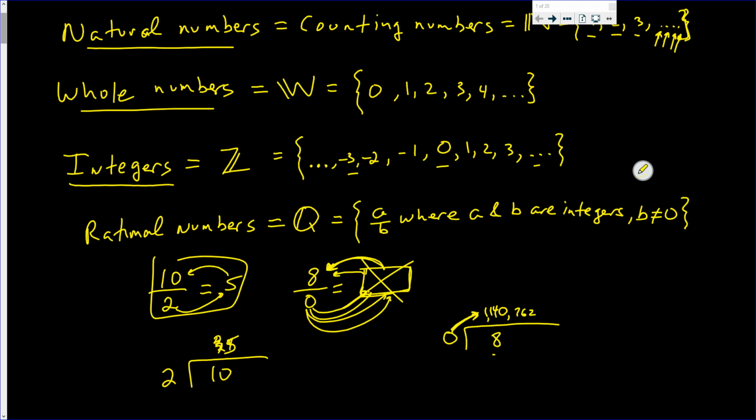Well, 0 times that number didn't exceed 8. In other words, I can make this as big as I want. 0 times this extremely large number didn't pass 8 yet. You can't divide by 0. You'll never get an answer.